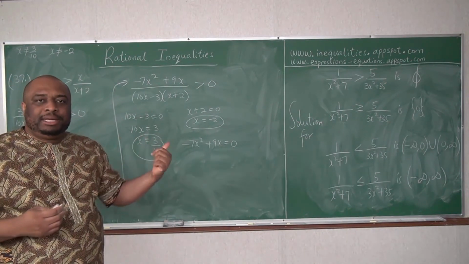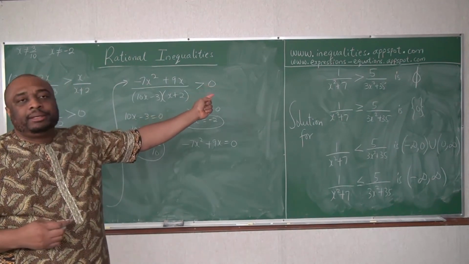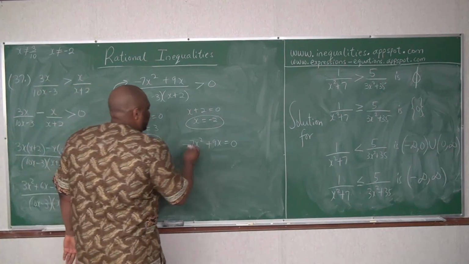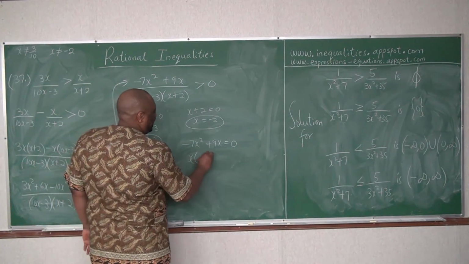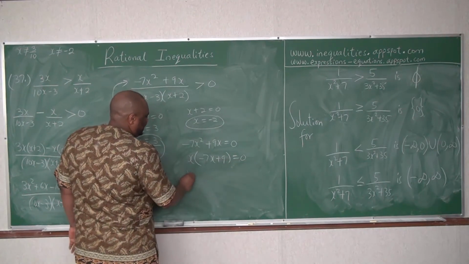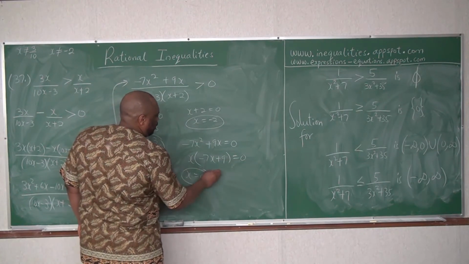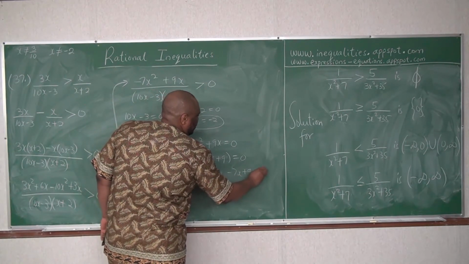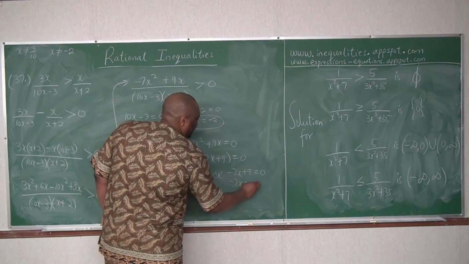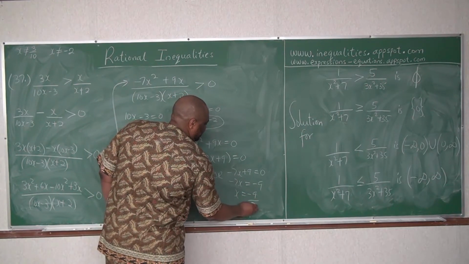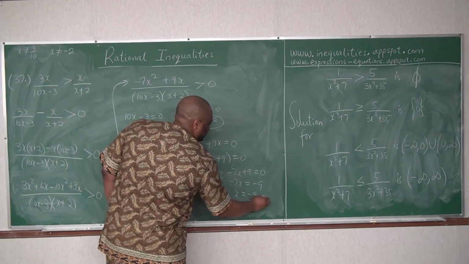So we factor by GCF. This is x times negative 7x plus 9 equal to 0. So x is equal to 0, or minus 7x plus 9 is 0. So minus 7x is minus 9, and x will be minus 9 over minus 7, which is 9 over 7.